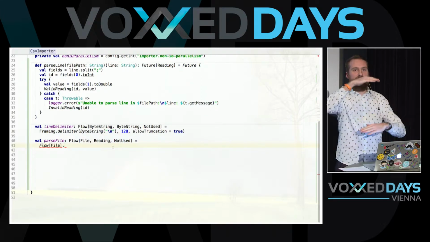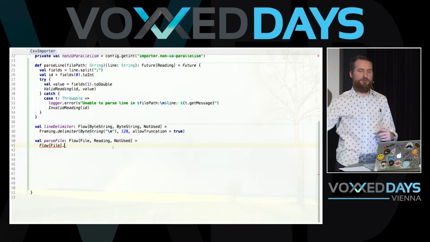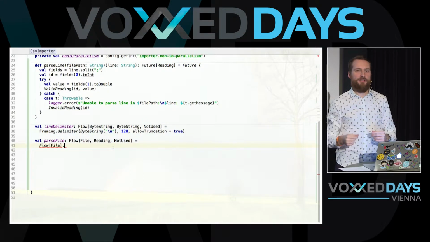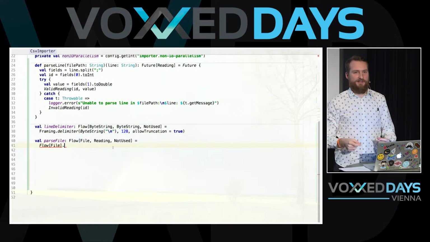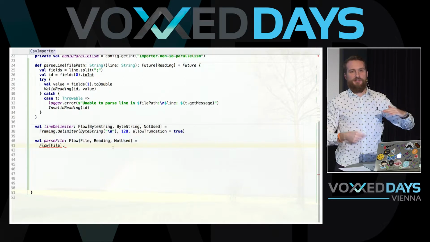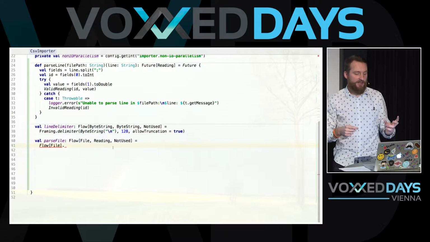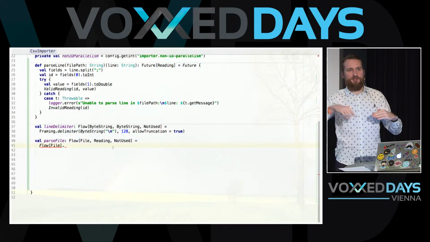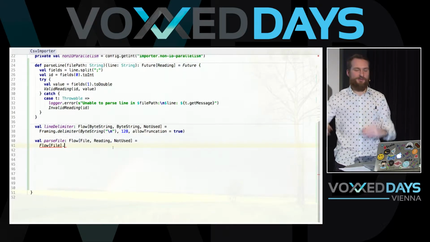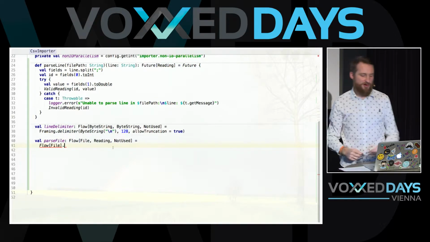We'll have multiple sources of files, but what we want to emit from the flow is a reading by reading. That's called flattening. We'll have a number of sources, similar to the parallelism we define, and for every source we would like to take the output value and flatten it so the readings come out one by one.